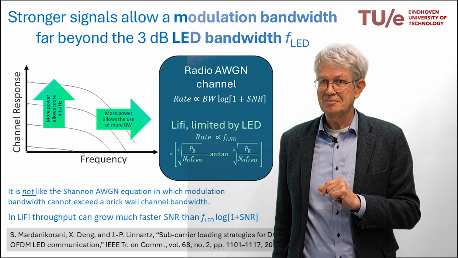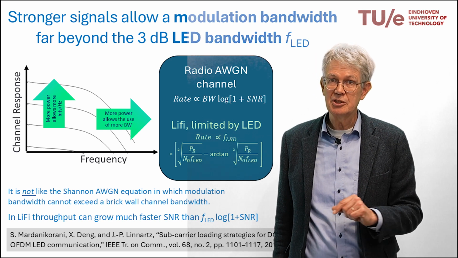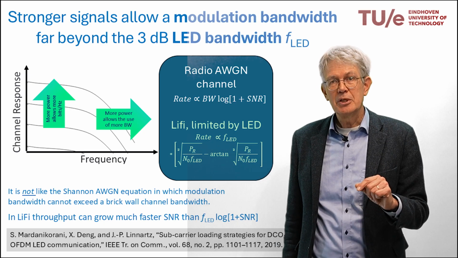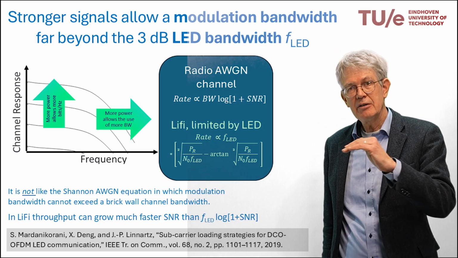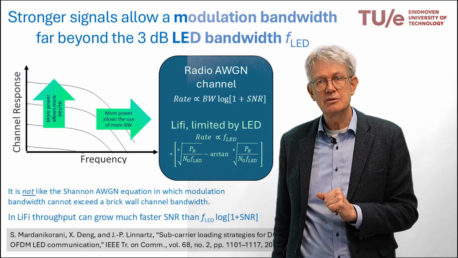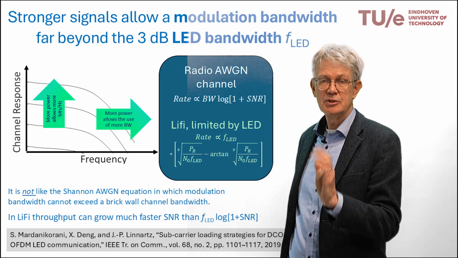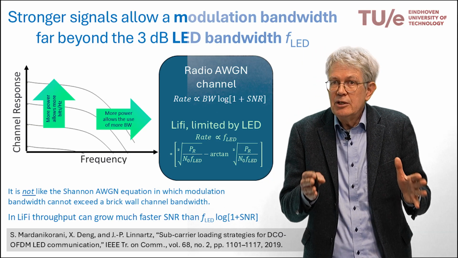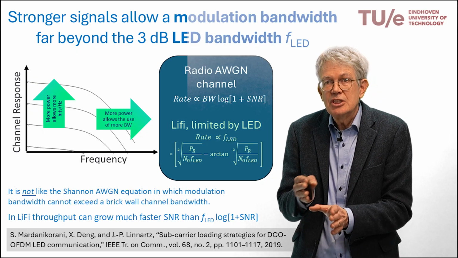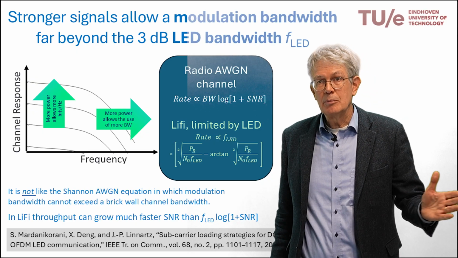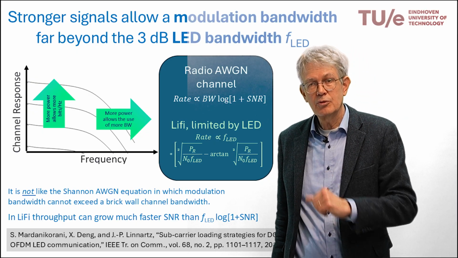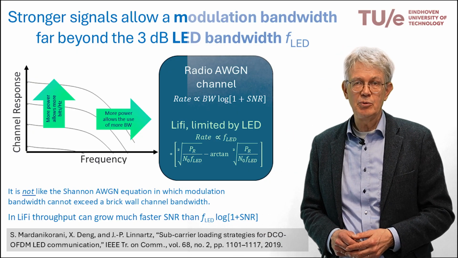The problem is, you should not rely in this case on the Shannon equation. Because the LED acts as a very gentle low-pass device. There is not a brick wall for maximum frequency, like in radio communication where you cannot exceed a certain bandwidth. If you increase the bandwidth, if you go through the 3 dB bandwidth, you get a little bit more attenuation.